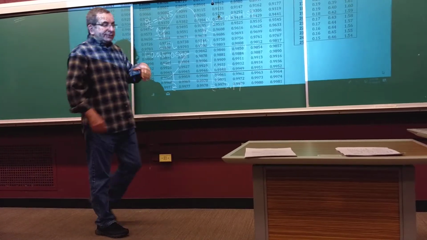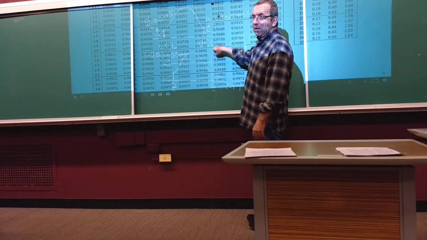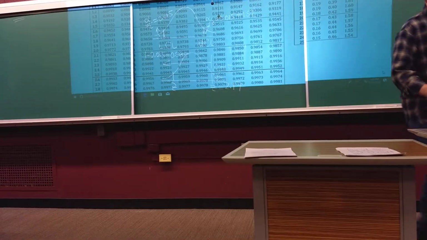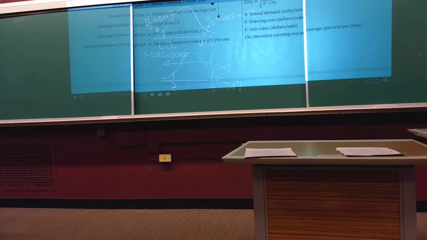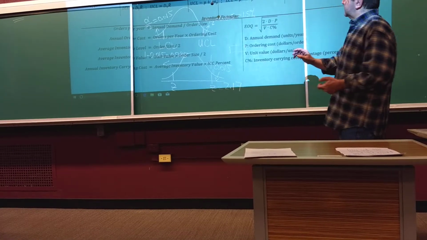Okay. So, how do we go from the z to the upper control limit? There's a formula on the formula sheet.